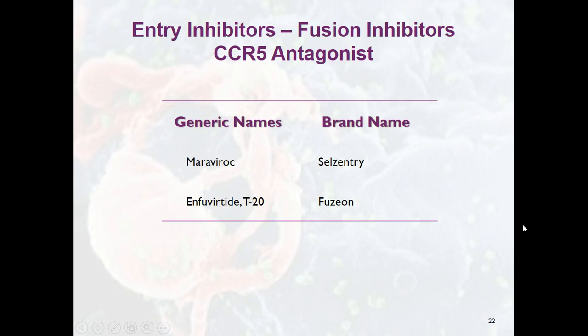So for the entry inhibitors or fusion inhibitors and CCR5 antagonists, some of the names that you will see in practice when patients are taking this kind of antiretroviral drug will be maraviroc and enfuvirtide, T20.